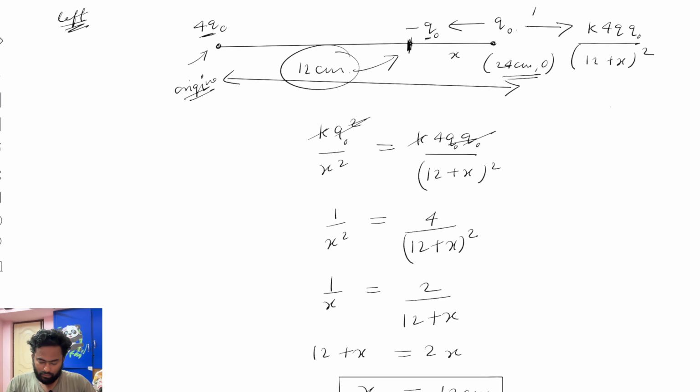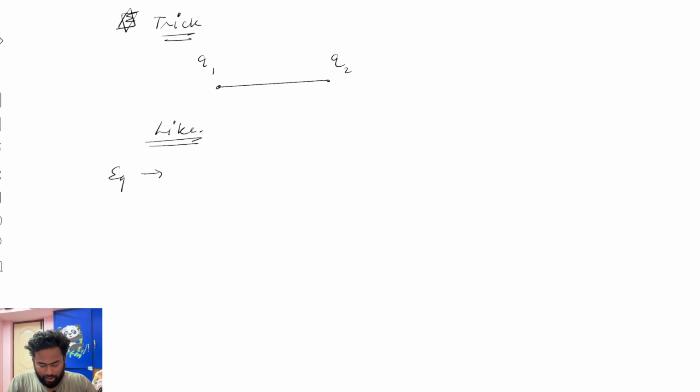Clear? Okay. Let me just put some more emphasis on this one. Trick point, what you have to remember: if two charges are there, q1, q2, if both of them are like charges, then equilibrium will lie in between.